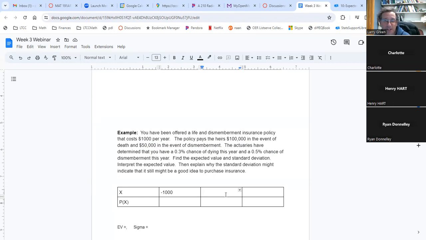So negative 1,000, that means you didn't make any money off of this life insurance. You just paid the 1,000. The year went on, nothing happened. Yeah, another thing that can happen is 49,000. That's dismemberment. Because that means that maybe your arm was chopped off. You didn't die. So, they're going to give you $50,000, but you paid 1,000. That's 49,000. What's the last thing that can happen?